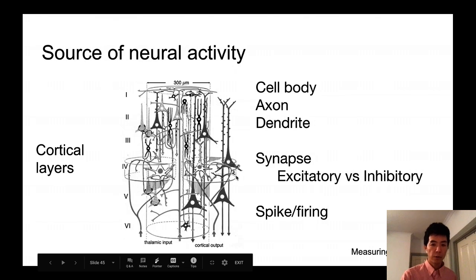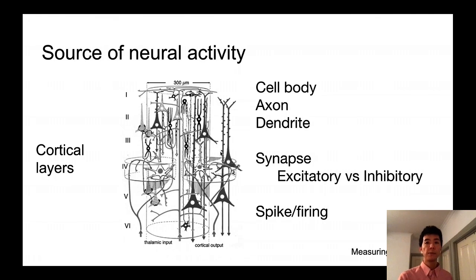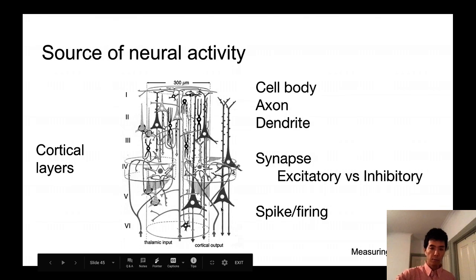Each neuron is composed of a cell body, this triangle-like shape, and the axon that usually goes to the bottom.